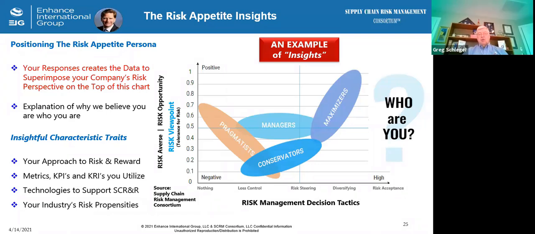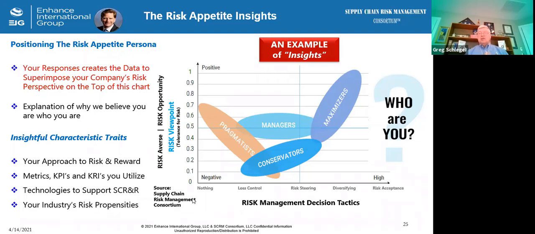Remember, there is no right or wrong answer here. It's essentially a positioning approach to understand, and this is the key. The reason we dig deep on this is, if you are a supply chain risk manager, that's your new title, and you have a project, you need to understand, as a quote unquote change agent for risk management, what your company's tentative risk appetite is.